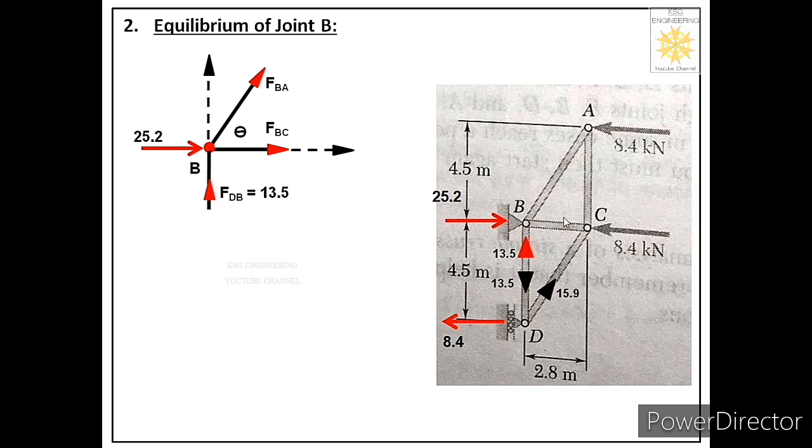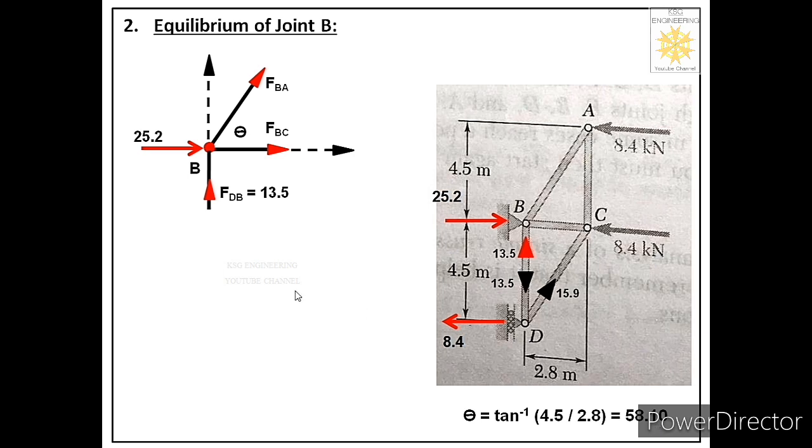In right angle triangle BCA, tan theta equals perpendicular upon base. That means 4.5 divided by 2.8 is equal to tan theta, or theta will be equal to tan inverse of 4.5 divided by 2.8. So from here we will get the value of theta as 58.10.